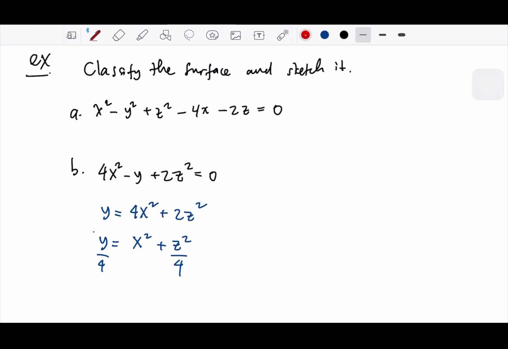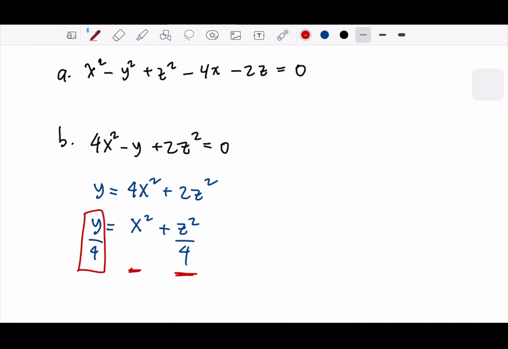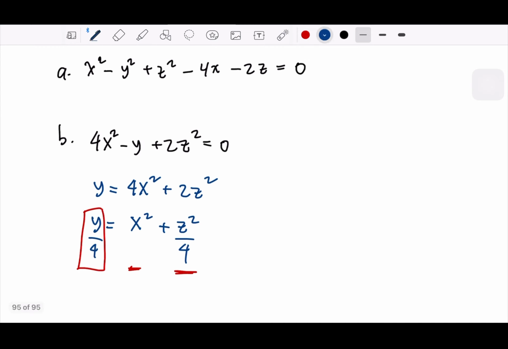This is if we divide all by 4, and we can take time to imagine that it's going to be an ellipse, with x squared plus z squared over 4, and also the parabola for y equals x squared and y equals z squared.